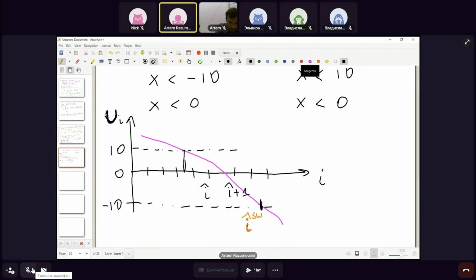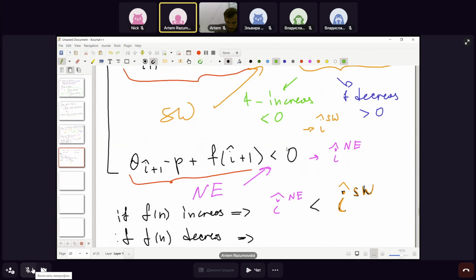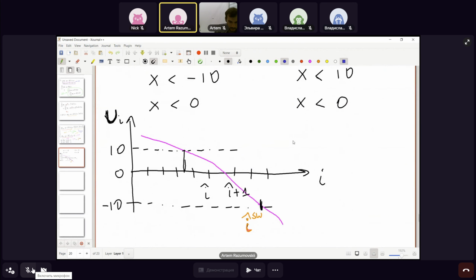So that will be, it was blue. Right, this will be the social welfare and plus 1 as well. So that's the last one who joins, and the next who doesn't join here.